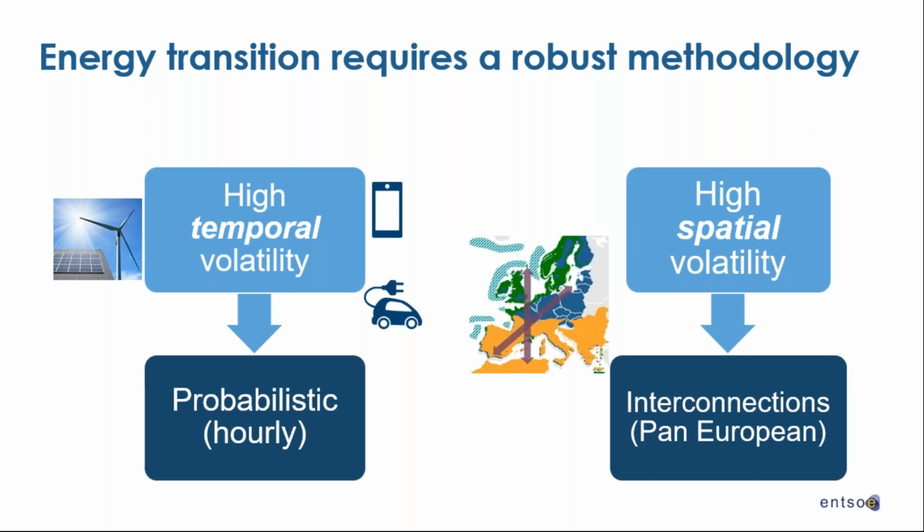So because of that, it's very crucial to have the pan-European interconnection consideration. And we have it already in our current modeling, so it's not something new in ENTSO-E adequacy.